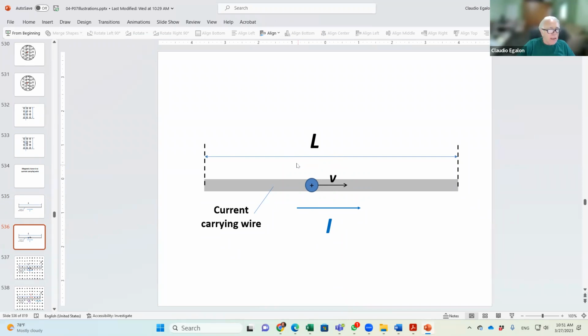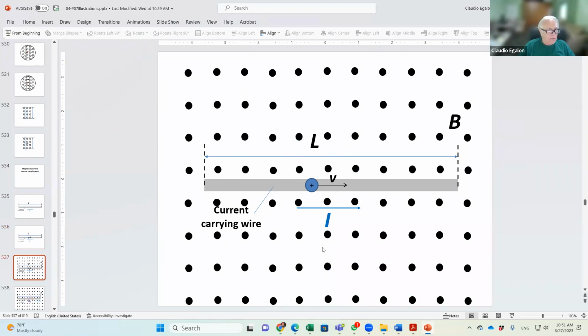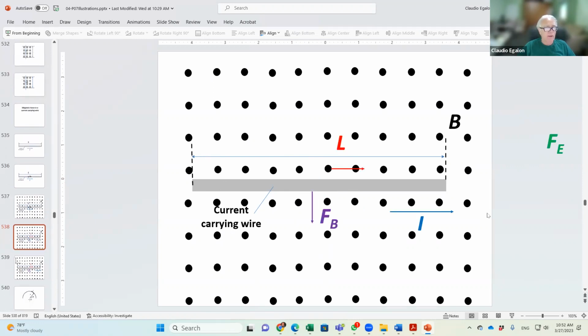And go ahead and subject this current carrying wire to a uniform magnetic field that, by the way, is perpendicular to this plane. Okay? Once you do the V cross B, every positive charge that's moving inside this wire is going to feel a downward force, right?